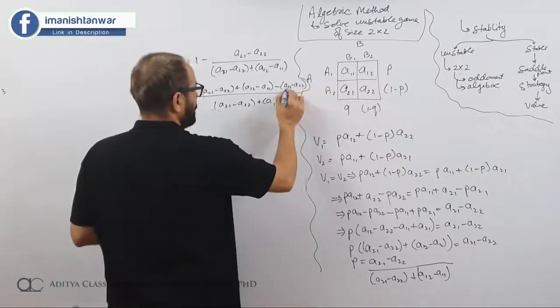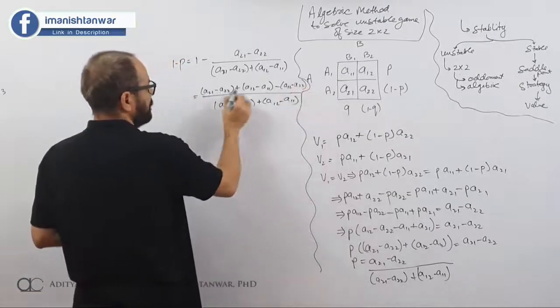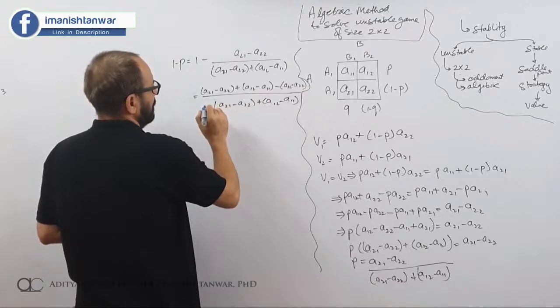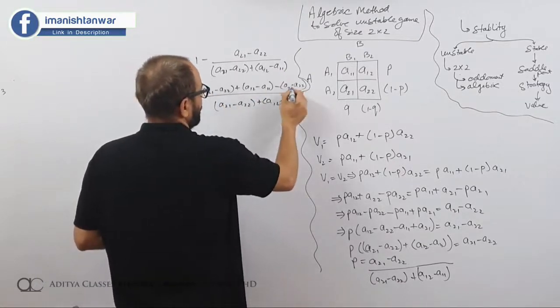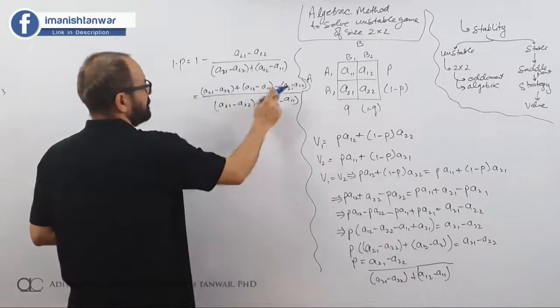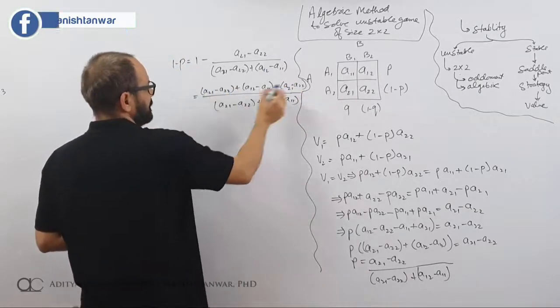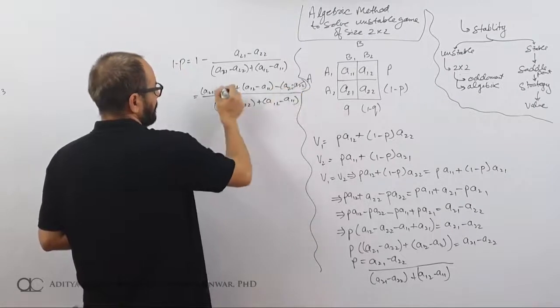If you look carefully, A21 minus A22, A21 minus A22: this is positive, this is carrying a negative sign.